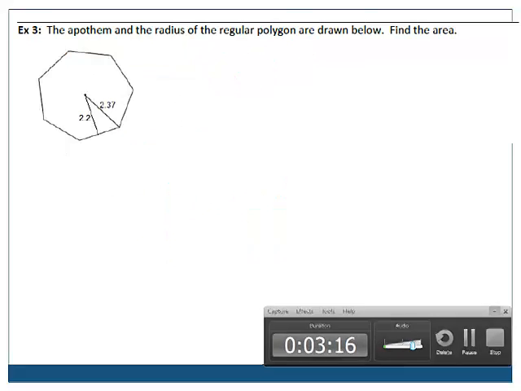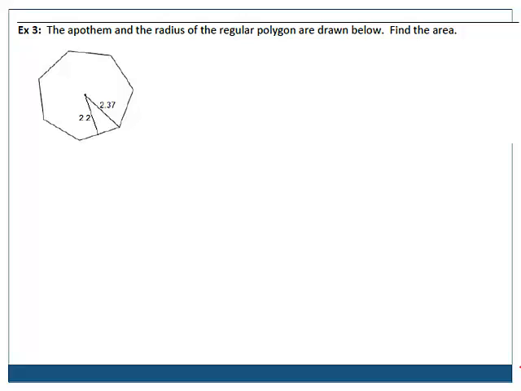All right, so for this one, it says the apothem and the radius of the regular polygon are drawn. Find the area. So I know I have the apothem here. I have a radius here. So I need to find out the side length here. You can call it x, you can call it s. Again, we're going to use Pythagorean theorem because remember the apothem drawn gives you a right angle.